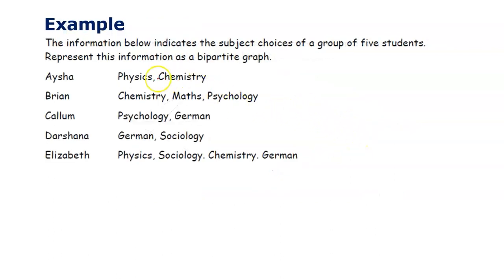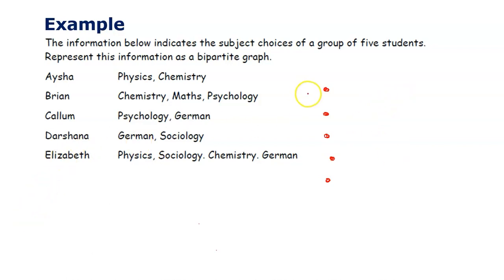And we're going to have a quick look at this example. We've got here 5 people: Asha, Brian, Callum, Darshana, and Elizabeth. You can see A, B, C, D, E, and then there's some subjects they can take. So I'm going to have the 5 people, and over here I'm going to do the subjects.